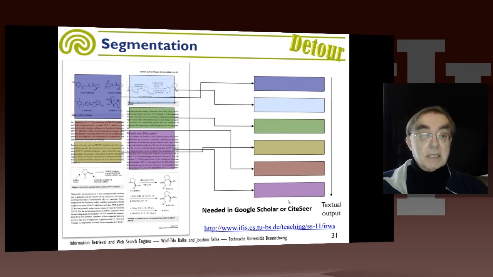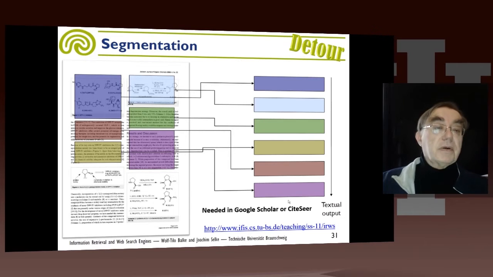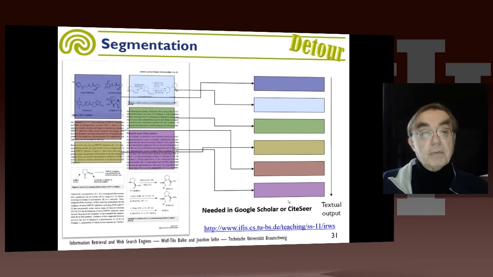Here's another slight subtlety, which we certainly want to do for, say, Google Scholar, where we want to actually identify especially the citations, and especially the abstract, and especially the authors, and especially the title. So that comes from a segmentation algorithm, which chops the document up into parts. And CiteSeer, of course, probably pioneered this.